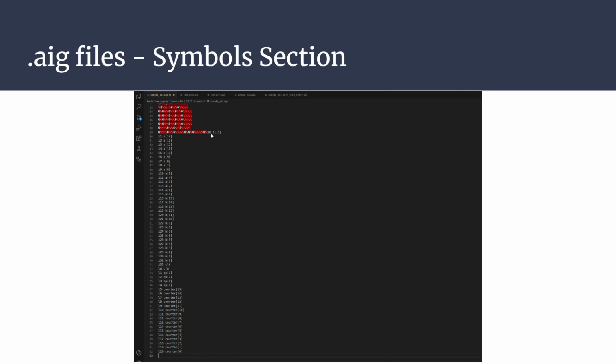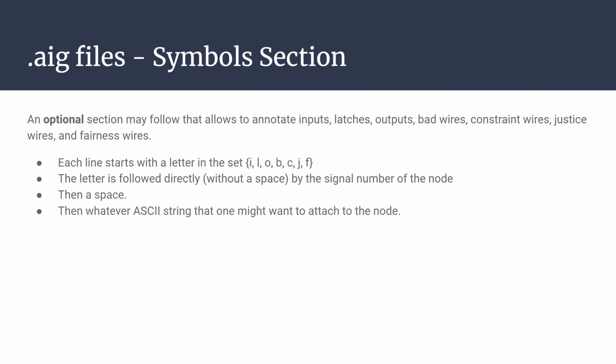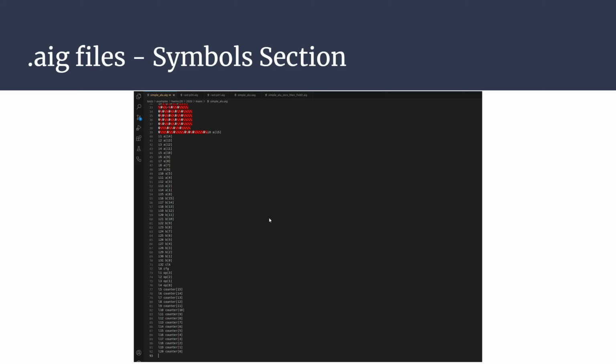So here we have I0 and just a string. So input 0, then a string. This is interesting. Hold on. Because input 0 is not a legal... yeah, no, not the signal number. There's a mistake here. I'll correct it and possibly redo this, but it's not the signal number.